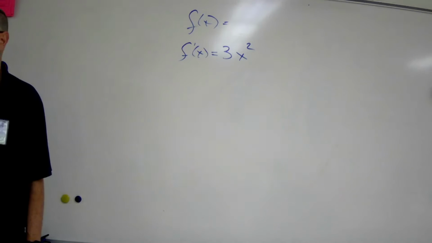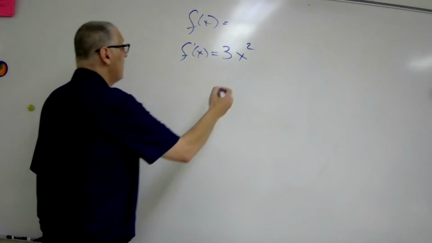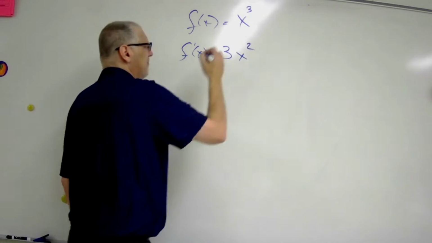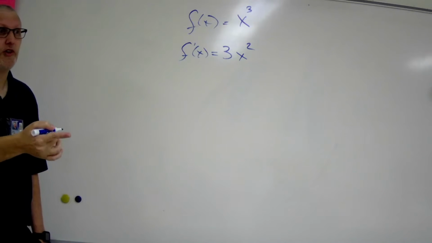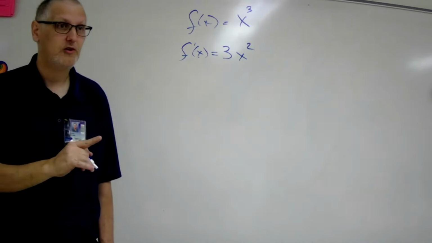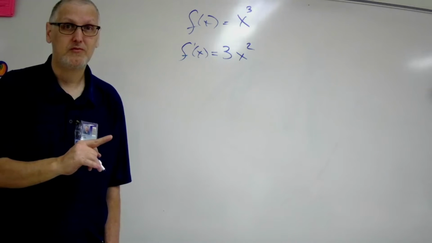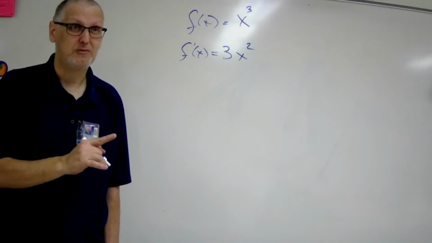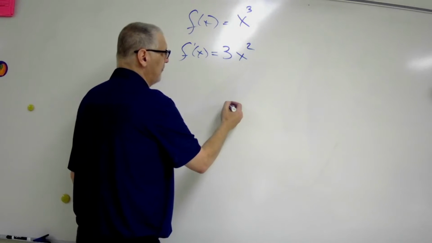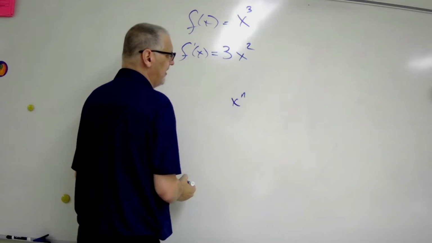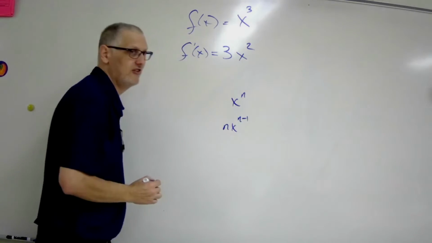x cubed. Would everybody agree this is a derivative of x cubed? How did you come up with that? Reverse the derivative process, or more importantly, you reverse which rule? The power rule. If you had x to the n, if you took the derivative, it would be n x to the n minus 1, yes?